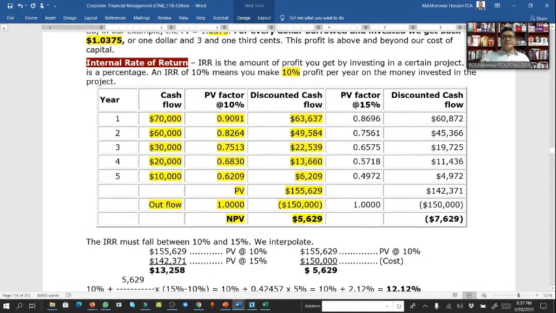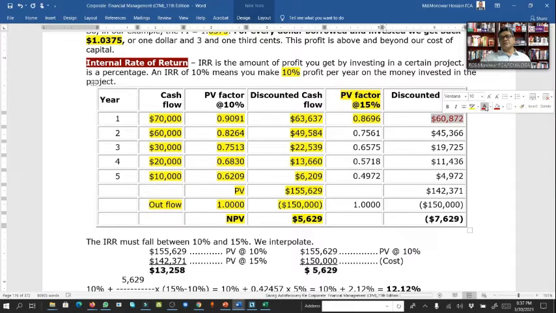If we take this 15%, in the first year 0.8696 is the discounting factor. In the same way, in year 5 it is 0.4972. If we multiply this 70,000 with 0.8696, we'll get 60,872, and in the same way in year 5 we'll get 4,972.